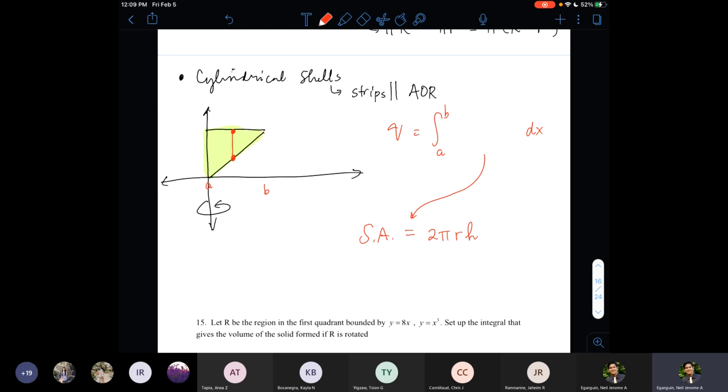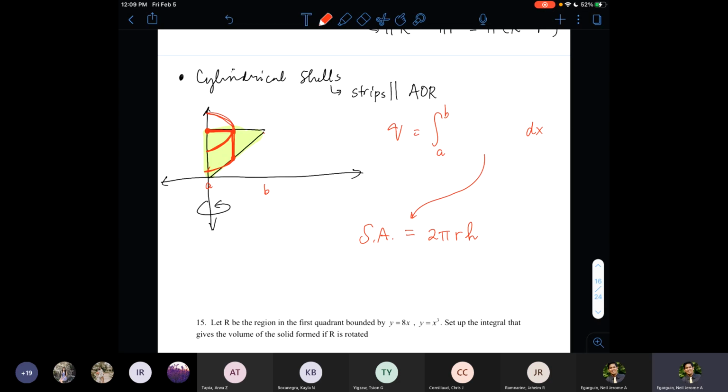Well, you can draw the cylindrical shells by starting at the AOR, drawing a radius towards the end of the vertical strip. Basically I'll have that. And then imagine the revolution happening. As you revolve the vertical strip about the axis of revolution, you're forming cylinders that look like this, or at least half of the cylinder looks like this.